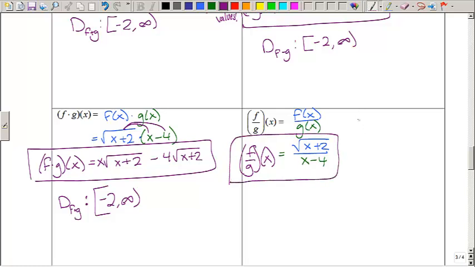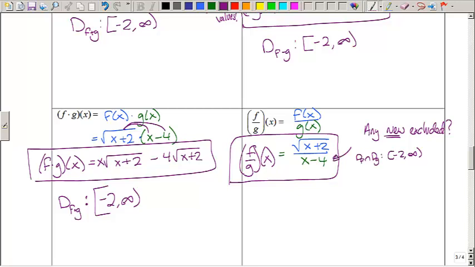Again, I ask myself the question, is there any new excluded values that I have created? We are already deciding that we're starting with our original -2 till infinity because of the intersection of the domains of f and g, but is there anything new?